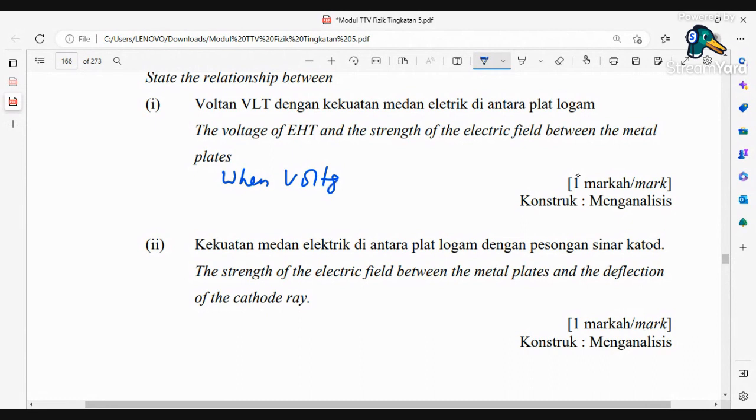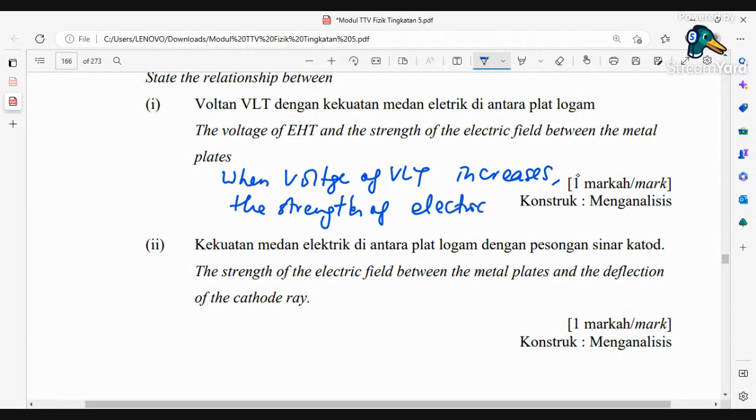When voltage of VLT increase, the strength of electric field between metal plates increases, and deflection.